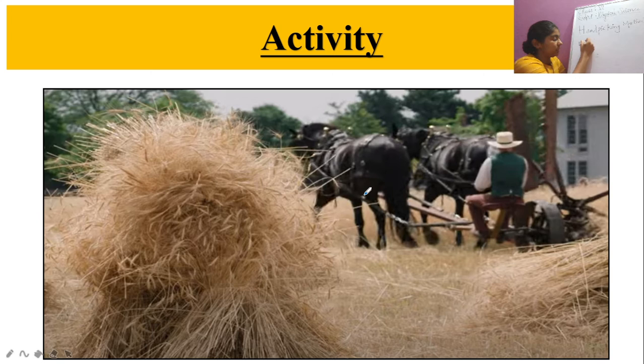You can see these are the two things, and he is moving with it and working. Basically he is collecting the crops with the help of this machine and taking out the grains.